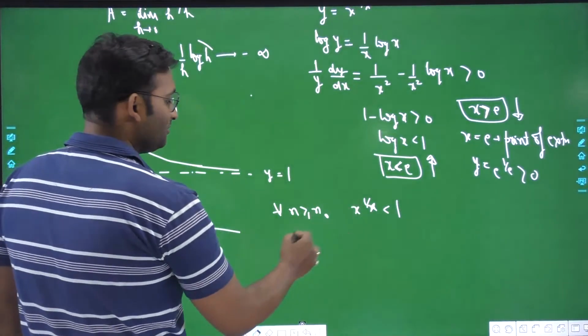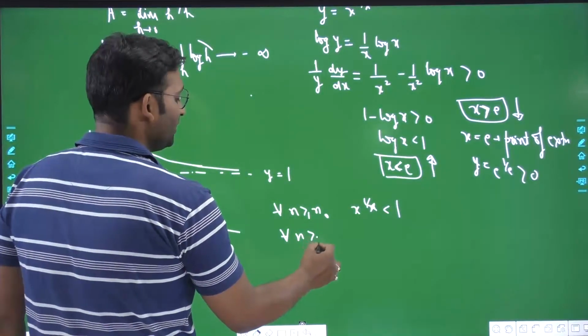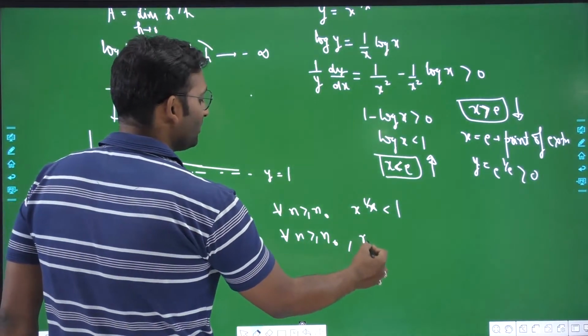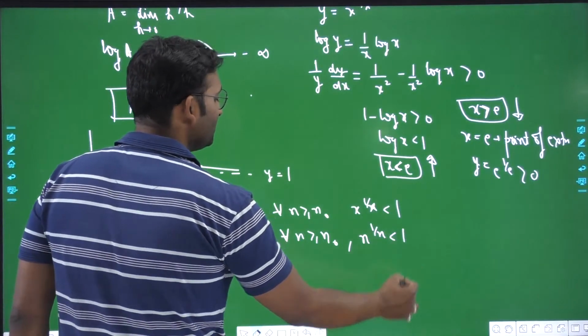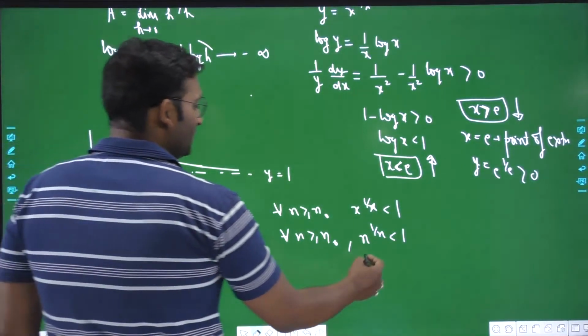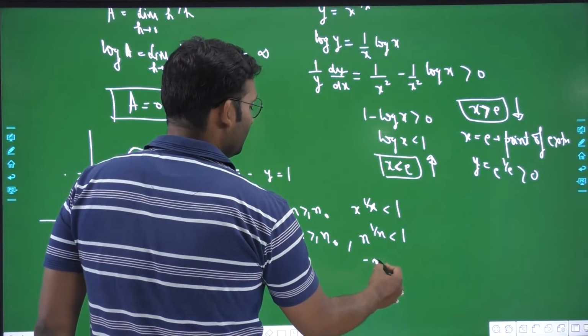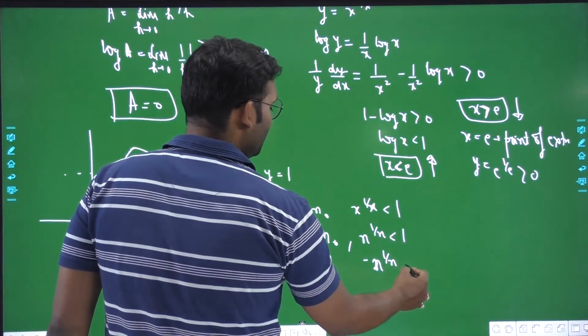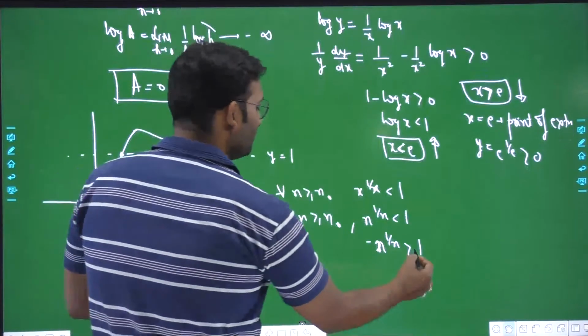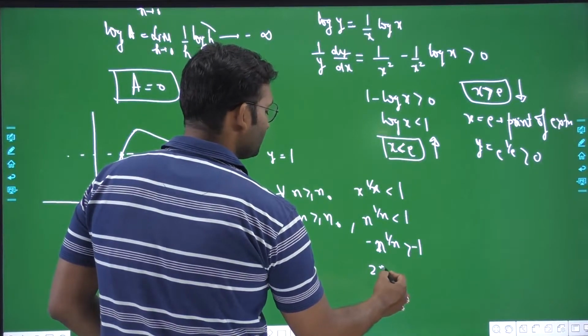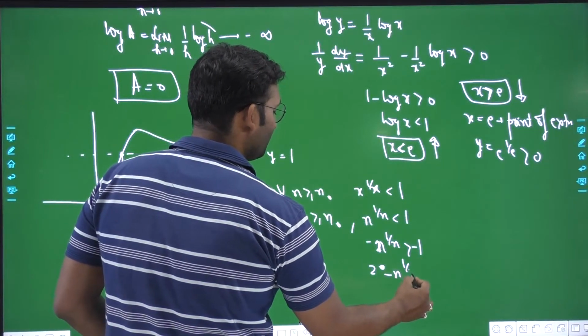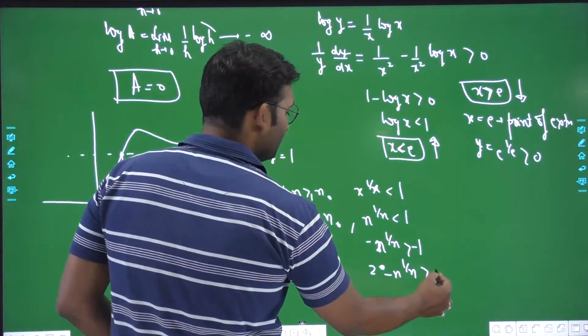In terms of natural numbers, for all n greater than or equal to n naught, n to power 1 over n will be less than 1. That implies minus n to power 1 over n will be greater than minus 1, and 2 minus n to power 1 upon n will be greater than 1.